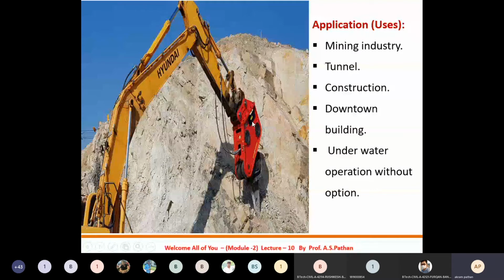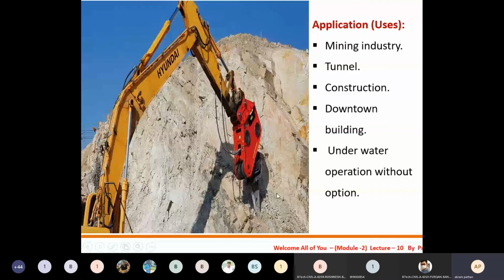This is the ripper, right? The ripper is attached to the JCB also, in front of this JCB. Ripper means a tooth, single or double or integrated in a series, for excavation in the mining industry, tunnel construction, downtown buildings or underwater operation also. So we can excavate with the help of such kind of rippers.